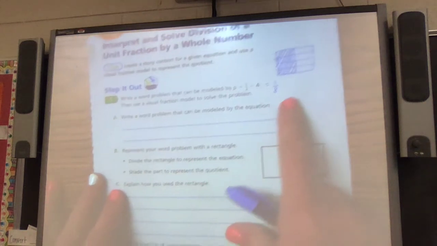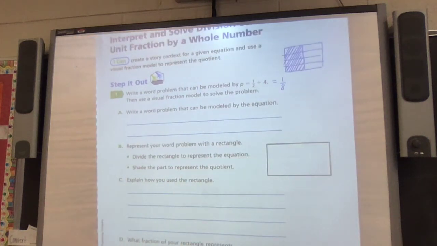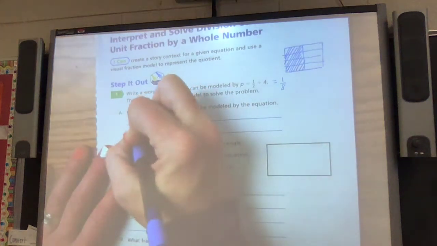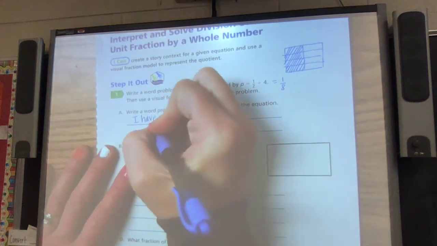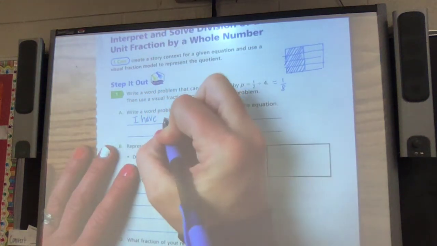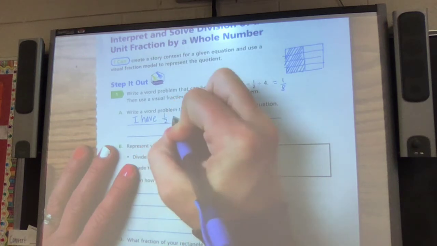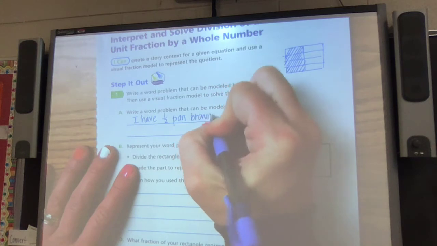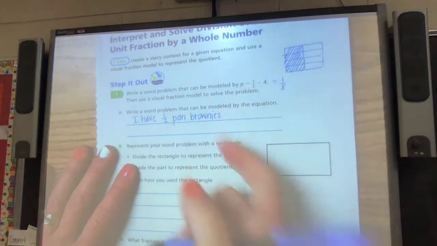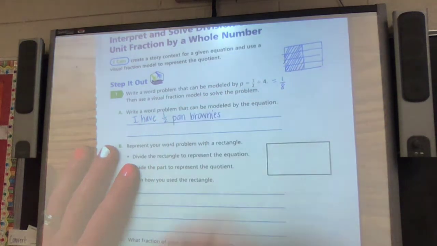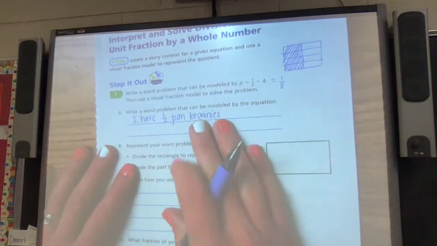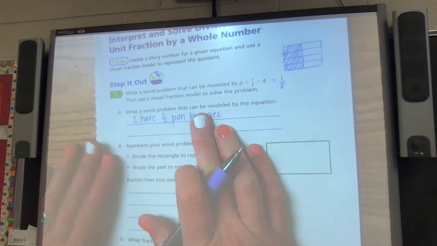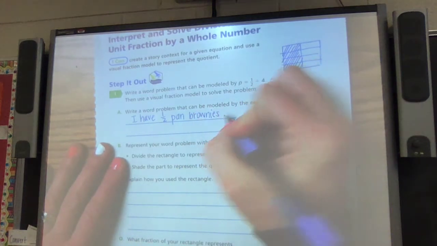So let's talk about, I love lasagna. So I have, and y'all, you don't have to write lasagna, a half a pan of lasagna, or brownies. Let's say brownies. You could have a half of whatever you want. A half of a watermelon, a half of a hot dog, a half of a bag of chips, whatever you want. Have a half a pan of brownies.